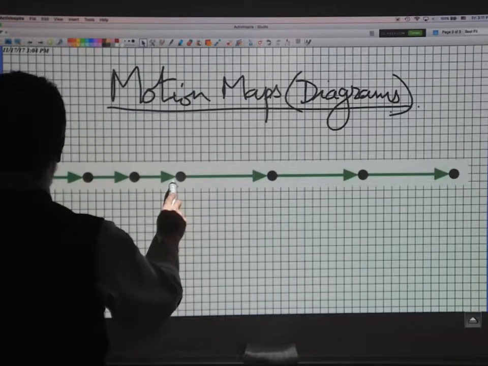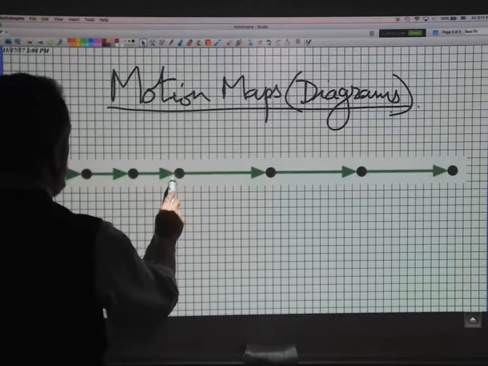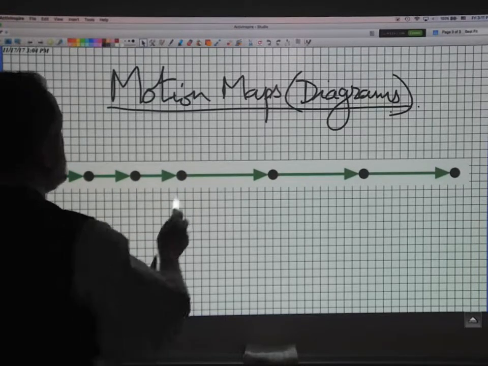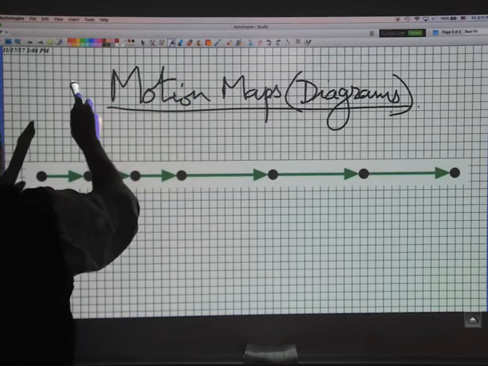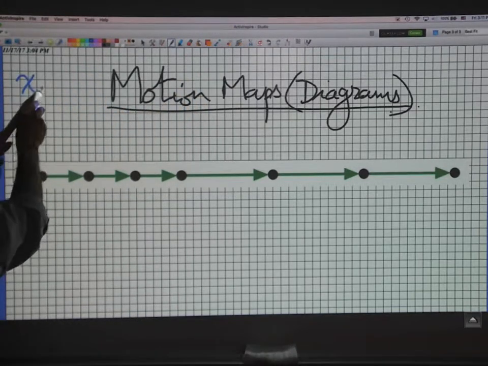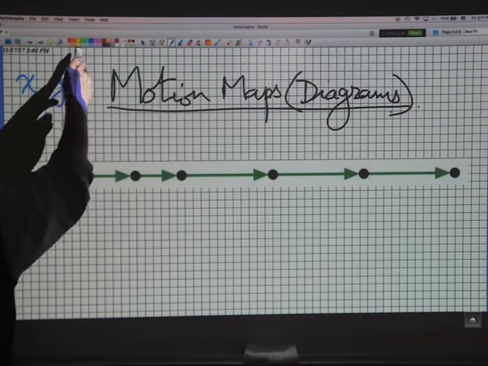Very good. The other thing to keep in mind is that our textbook author has a specific, very cool convention. Anything that is related to position, like X, Y, he represents in blue.